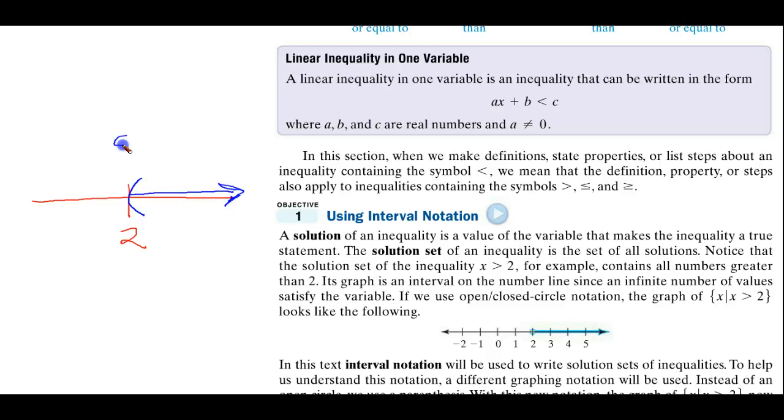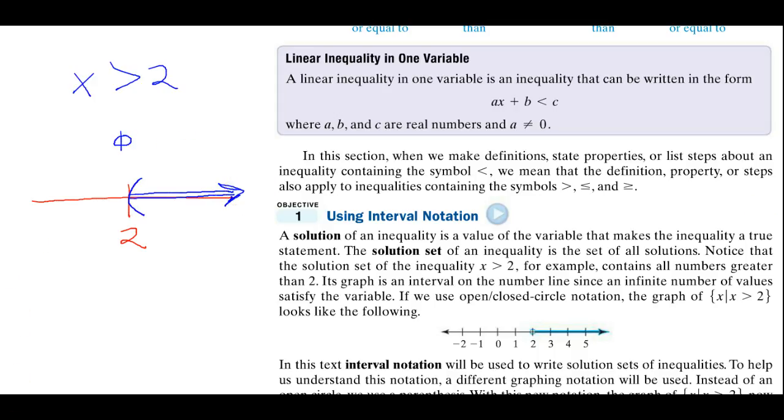We're not going to use the hollow circle to indicate that 2 is not in the set. So this was x is greater than 2. Now, students often get the direction of the lines mixed up. If you have it in this form, notice the point of our inequality sign is the direction the arrow will go.